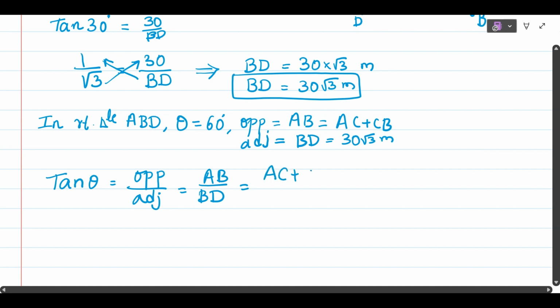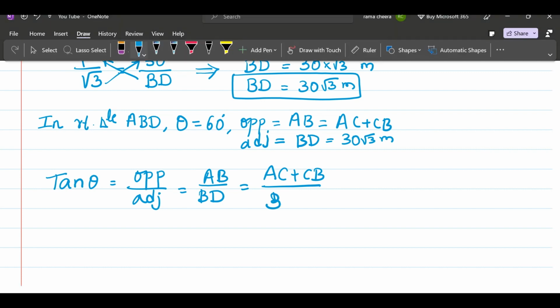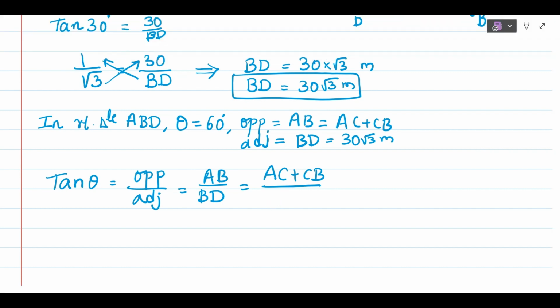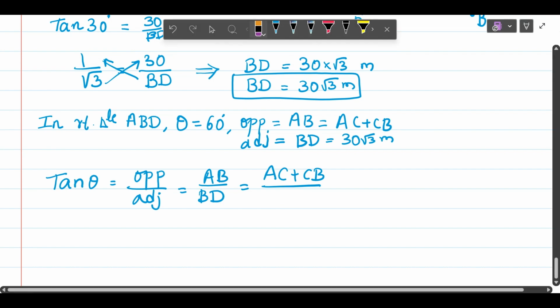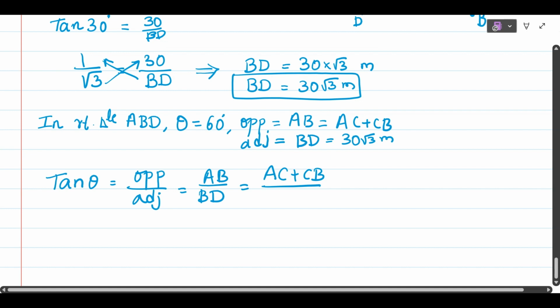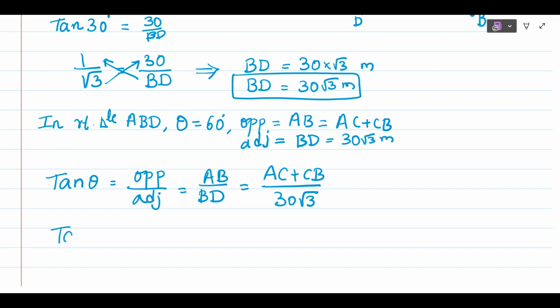AC plus CB whole divided by BD. Now BD is how much, students? 30 root 3. Is it clear? So here tan theta, where theta is our angle, is 60 degrees.